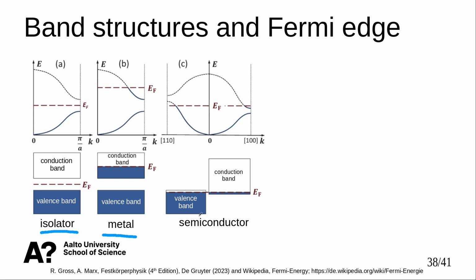And then last but not least, in that scheme, we have the semiconductors, where our Fermi edge lies somehow in between the valence band and conduction band, but it can be overcome, for example, with thermal energy, and then electrons from the valence band can move up towards the conduction band and contribute to conduction.